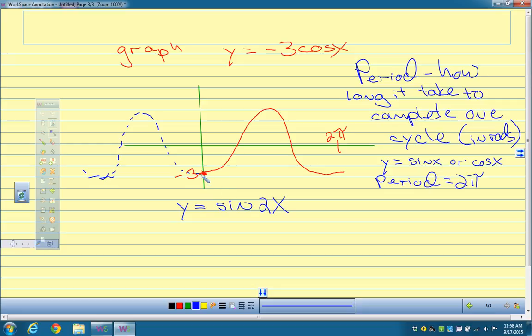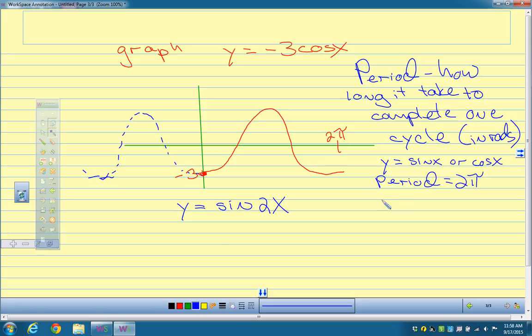What does that do to your function? Do you remember? It doesn't stretch it. What does it do to it? Sorry, Brody. It makes the period just pi. Very good. It shrinks it, or it makes it go twice as fast.